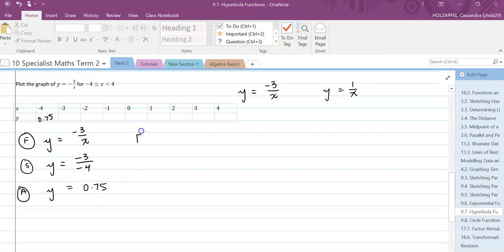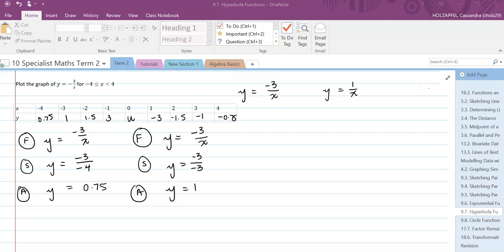Okay, so our second question here now, and I wonder if you can see what's going to start happening with some of these transformations already just by manipulating this top value. Okay, so our formula we're going to start off with is -3 over x. Substituting in this second value here, x is equal to -3, so -3 divided by -3, and our answer is going to be y is equal to 1. And we would keep going, and I'll finish filling out the rest of this table.